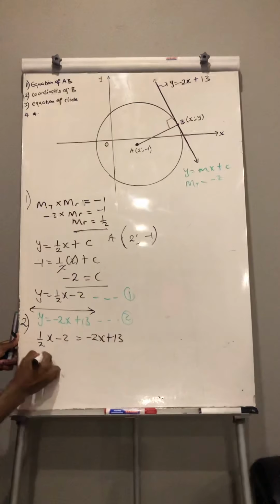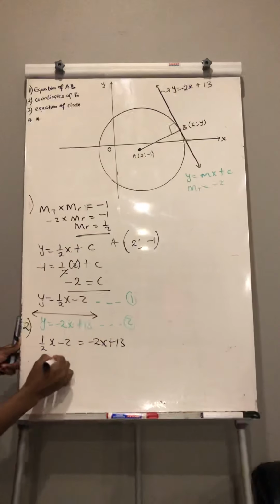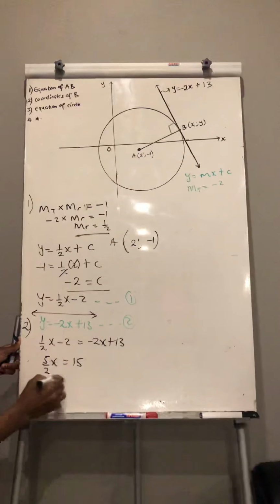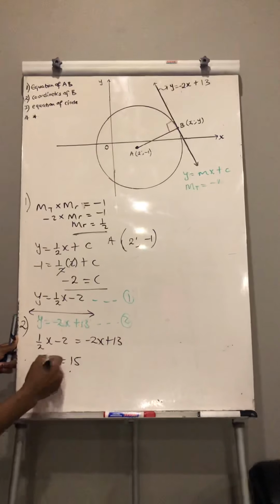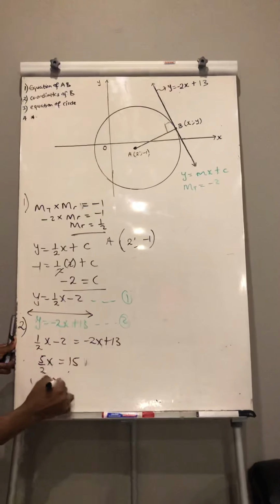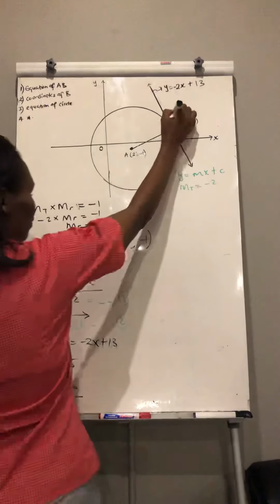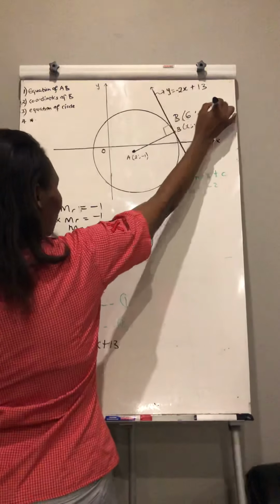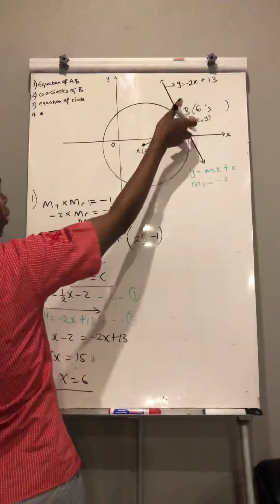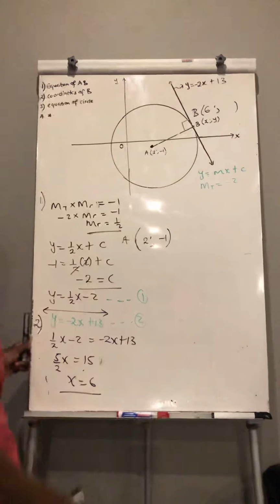Half plus 2, that should be 5 over 2, and 13 plus 2 would be 15. If you divide by 5 both sides, there will be a 3 here, which means x itself is going to be 6. So the x value for B is going to be 6 over there. Let's see what y would be. Since B is a point of intersection of these two lines, it doesn't matter which one I use.